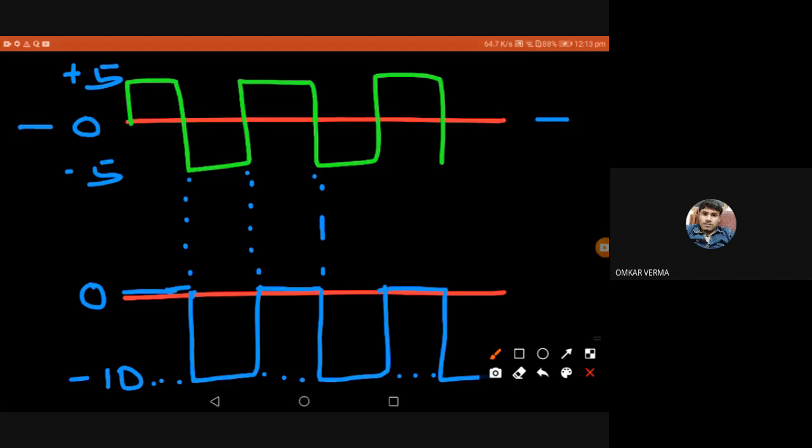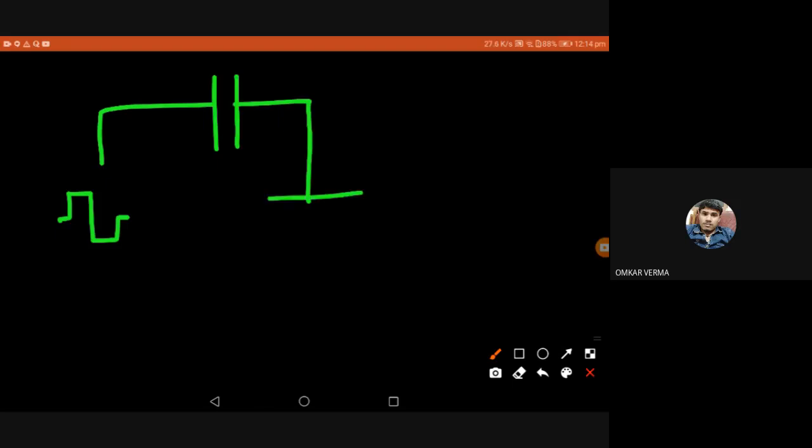Okay. So now I'll draw another circuit. You have to tell me what is the output of that circuit. Again, I give a square wave and I need a capacitor. Now I give a diode. Now what I'll give? I'll give some voltage source.